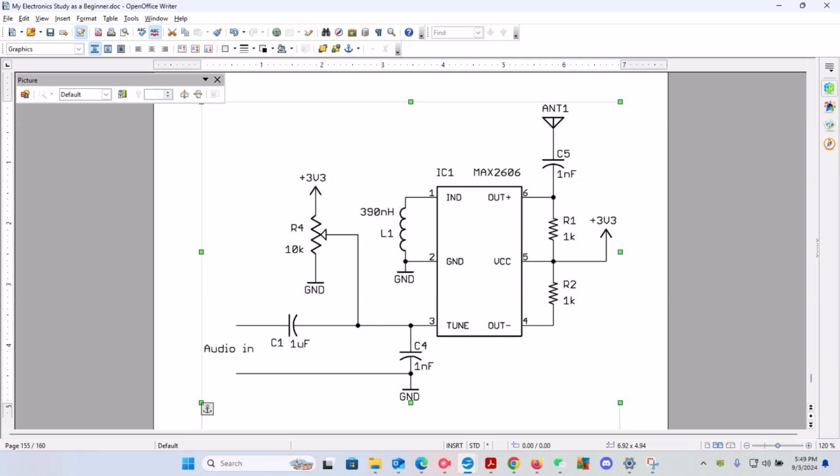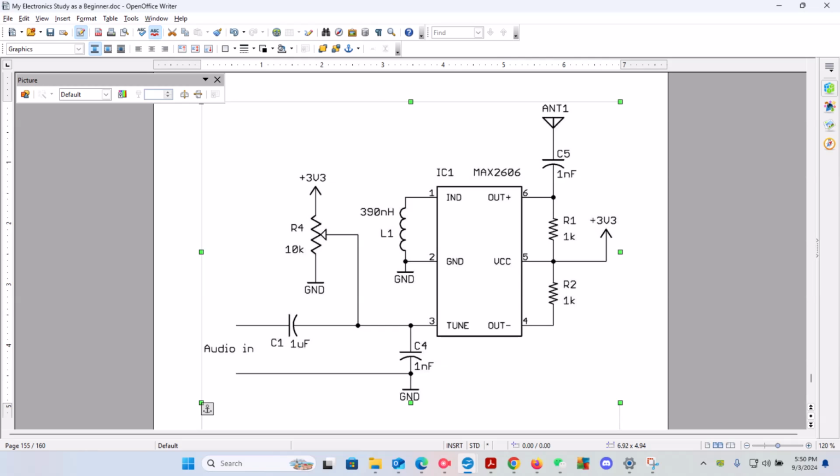Then we look at pin 4, which goes out through resistor 2, and then connects with pin 5 going out. So that's one main path, and then there's a second intersecting path.